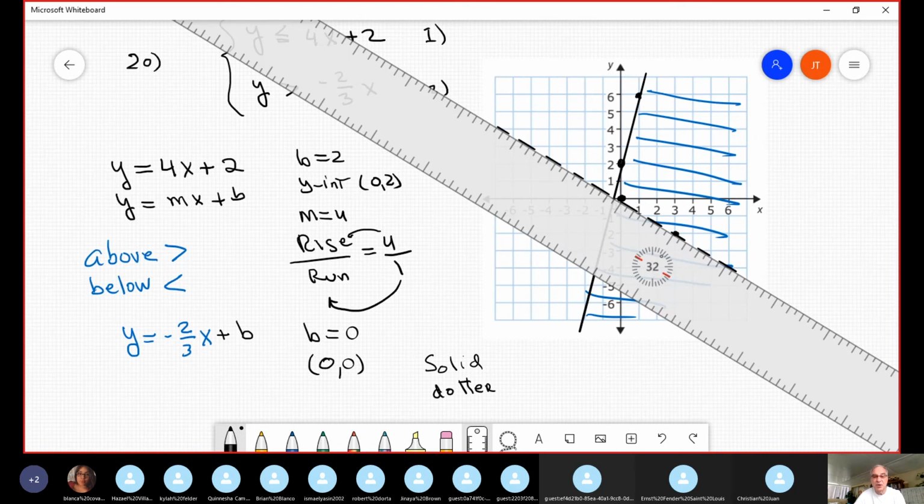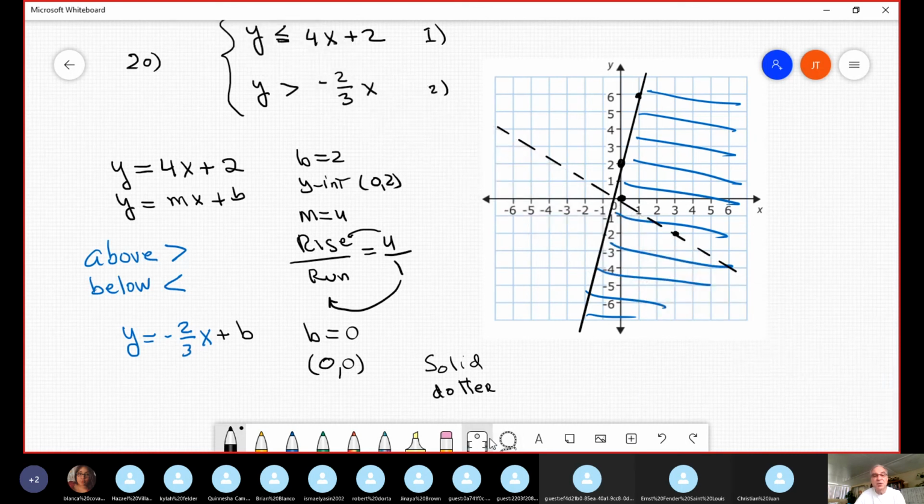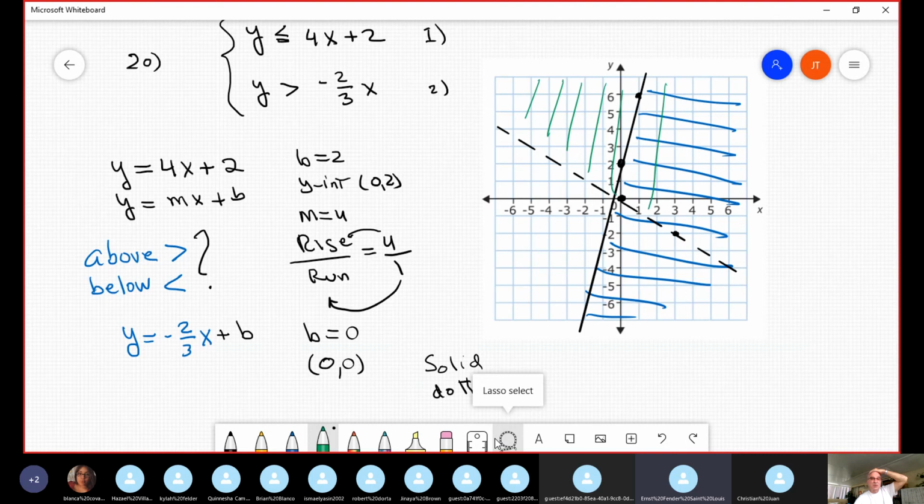Okay, the reason it gets a dotted line is because in the second inequality I don't see equal here, no equal. Entonces, what part do I shade? I shade above or below? Above, because the sign is greater now. Above. The sign is greater.